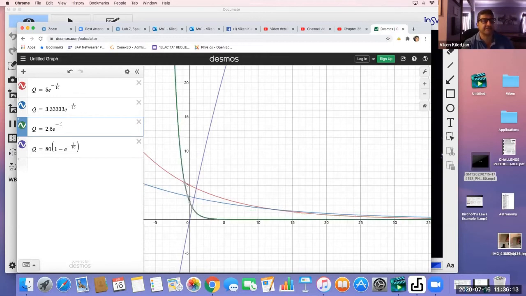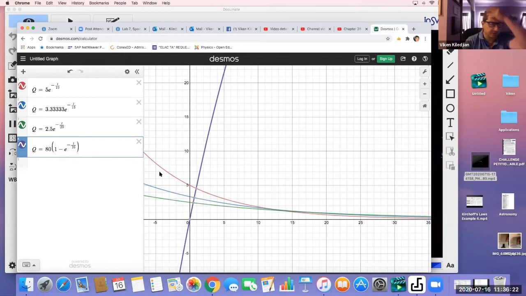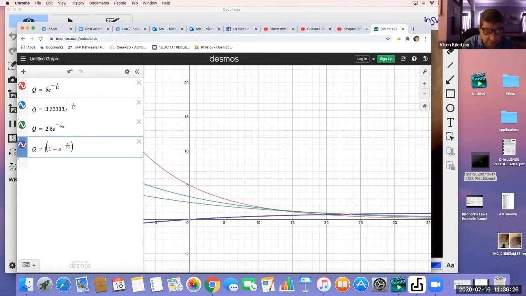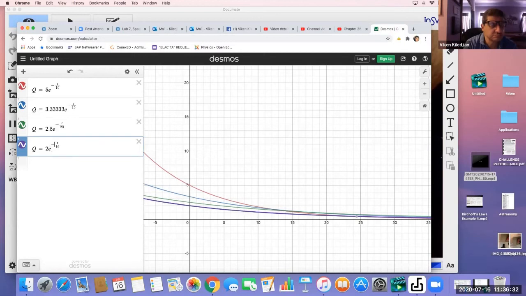This is like the first scenario that I did. And this one is going to be 10 over 5, so it's going to be 2, with a time constant of 25.